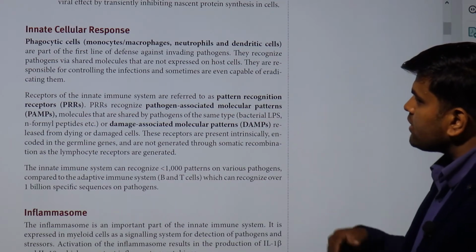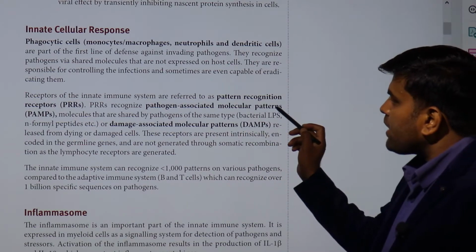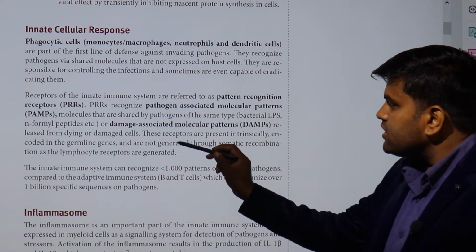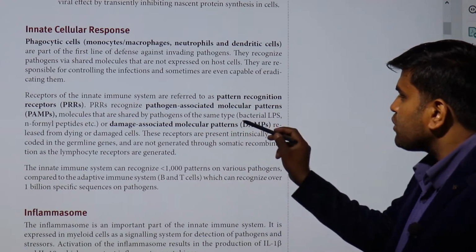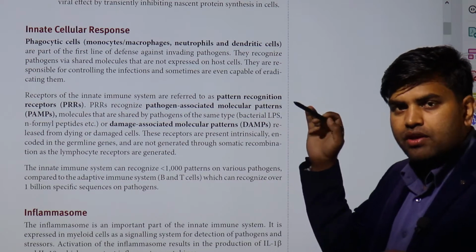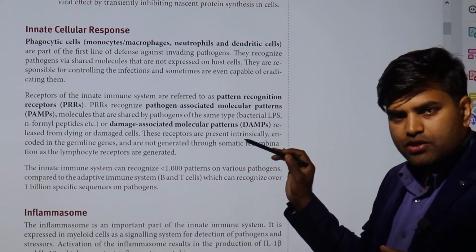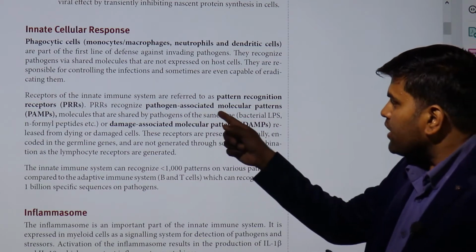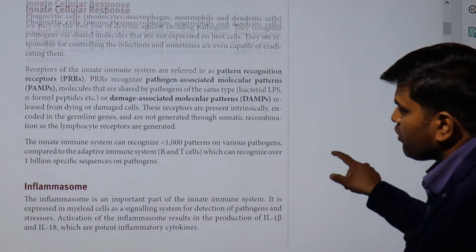They recognize those organisms on the basis of the pathogen associated molecular pattern, called PAMP, or they can even clear diseased or damaged cells inside our own body, which is recognized by the damage associated molecular pattern. So we have talked about the anatomical barrier, the physiological barrier, and if they are breached, then the innate cellular response comes, plays its role and tries to control the infection. They do this by recognizing PAMPs and DAMPs, that is damage associated molecular patterns.